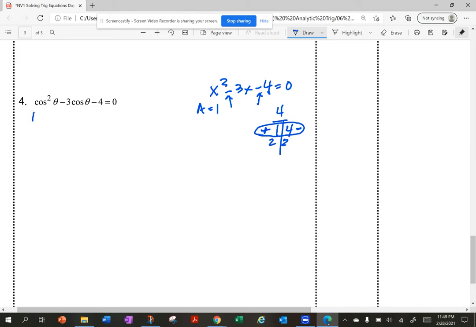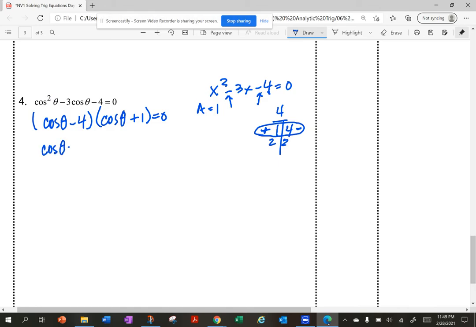So I'm going to factor this as the cosine of theta minus 4 and the cosine of theta plus 1 equals 0. I set each factor equal to 0.